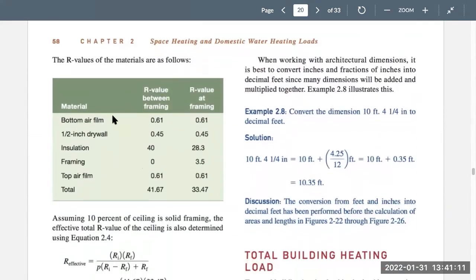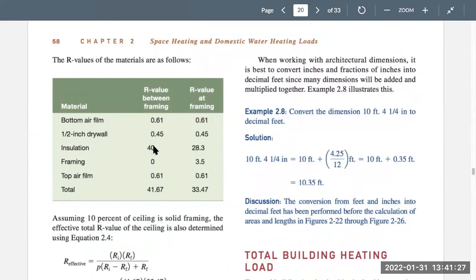So they're using a bottom air film because of the way the air is blowing in that room towards the ceiling. And then they have drywall. Then they have the insulation at framing.